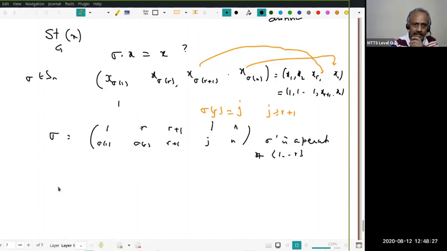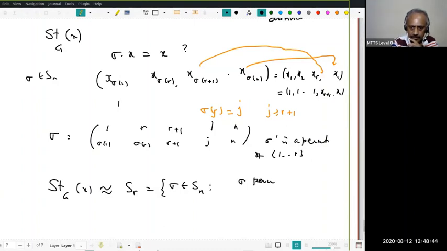Therefore, what did I find? The stabilizer of such an element is isomorphic to Sr, but I can actually say something better. It is the set of all sigma in Sn so that sigma permutes 1 to r, but sigma j is j for j greater than or equal to r plus 1. It is as good as saying I can think of it as a permutation of the first r symbols.